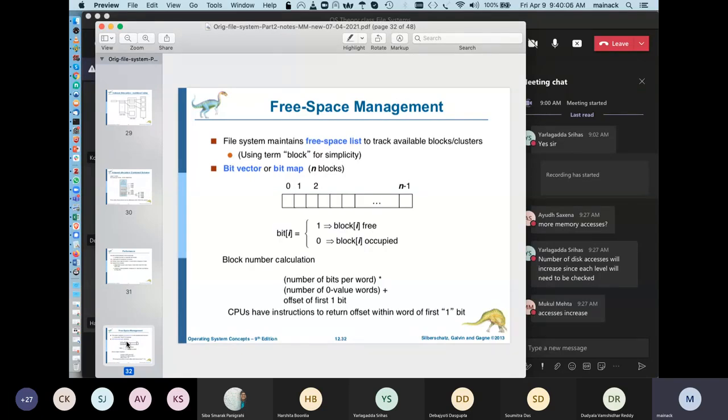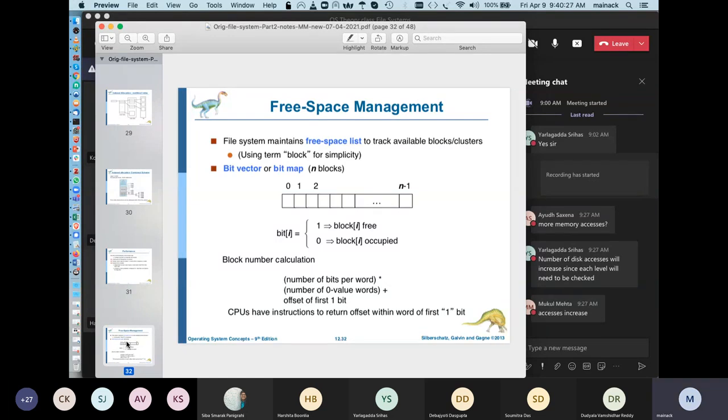But you assumed that you can get a block whenever you want. Aside from contiguous allocation, you never had to think about not being able to get a block. And even in contiguous allocation, the problem was that I have free blocks, but they are just not contiguous blocks.